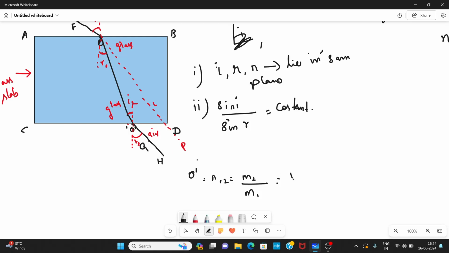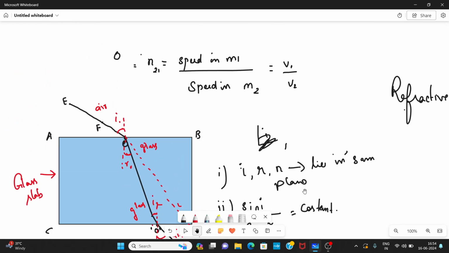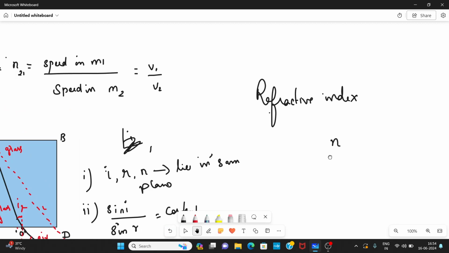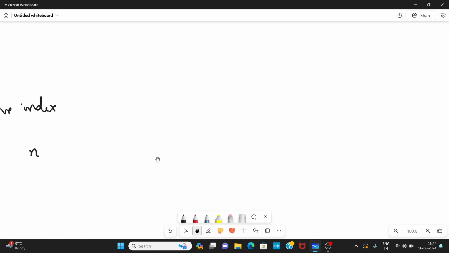Speed of light in medium 2 by speed of light in medium 1. So refractive index generally is the ratio of the speed of light in the two mediums in which it is traveling.